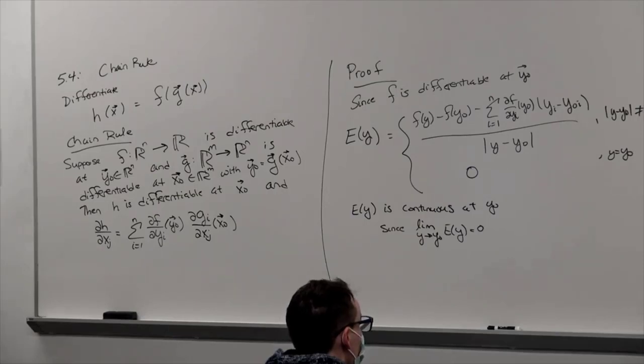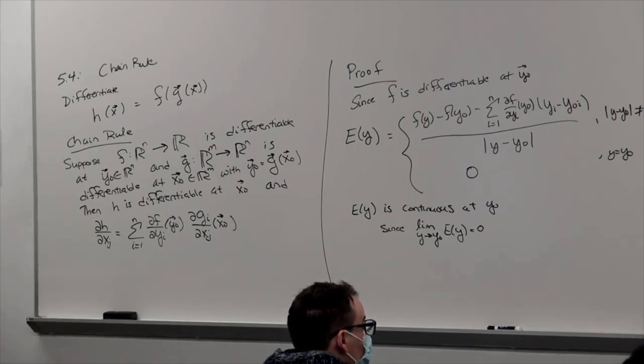All right, so let's see what we can find here. It doesn't matter what order I do this sum in. They're finite sums, so I can swap the order of the sums. That's not a problem. I've got something like this showing up in the sum. If I switch the order of these sums, I have these dgi by dxj times xj minus x naught j. And this term doesn't depend on j at all.